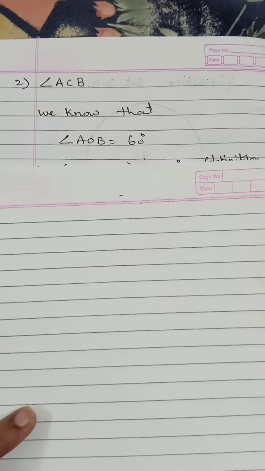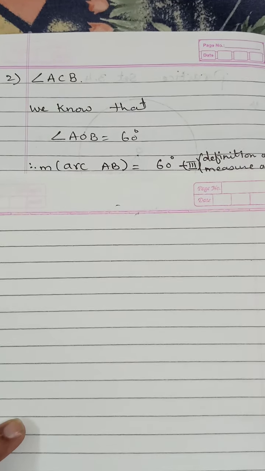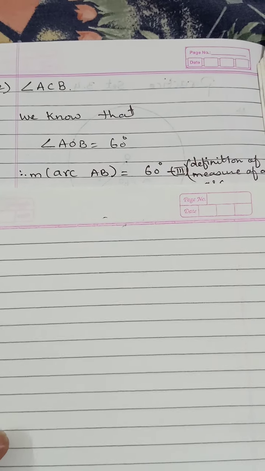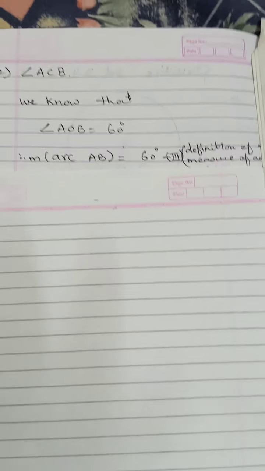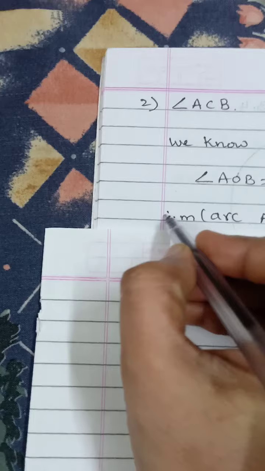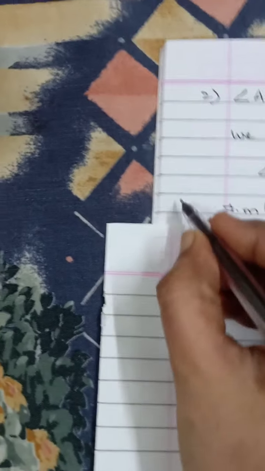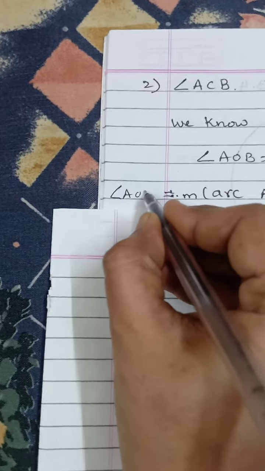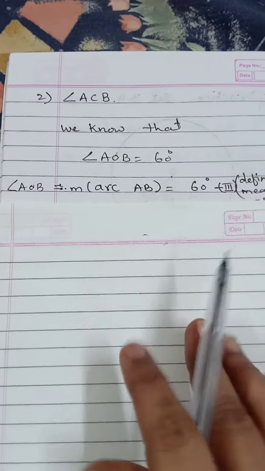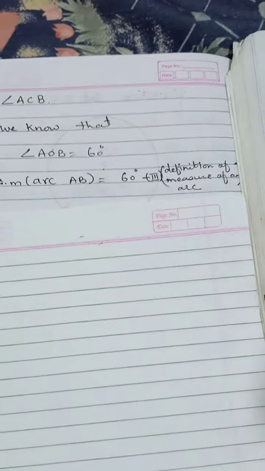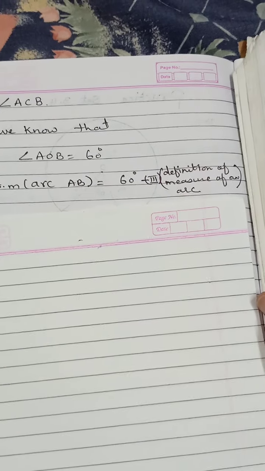So the central angle AOB is equal to major arc AB. Therefore, this arc will also be 60 degrees. If you want, you can add here that angle AOB is nothing but equal to major arc AB. So both will be 60 degrees because of the definition of an arc.